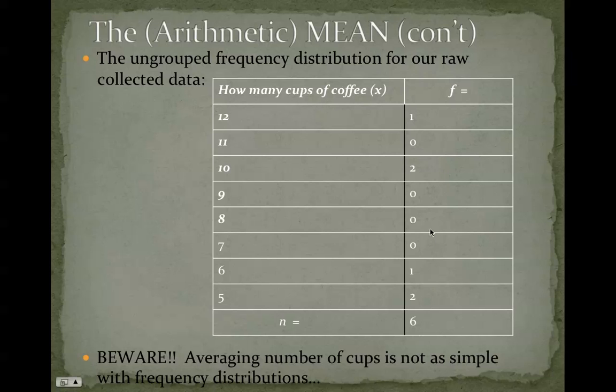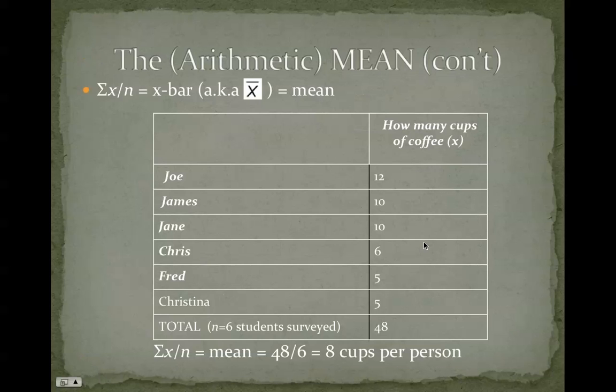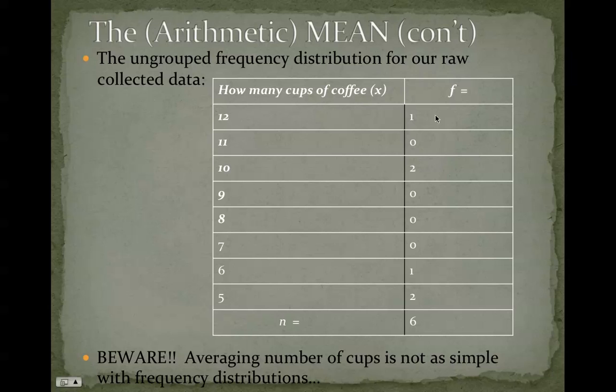Okay? So this is exactly the same data in this table as we had in this table. You see here we have 12 cups of coffee, 10, 10, 6, 5, and 5, totaling 48. And here I have one person who had 12, 0 people who had 11, 2 people had 10, 0 people had 9, 0 people had 8, 0 people had 7, 1 person had 6, and 2 people had 5.